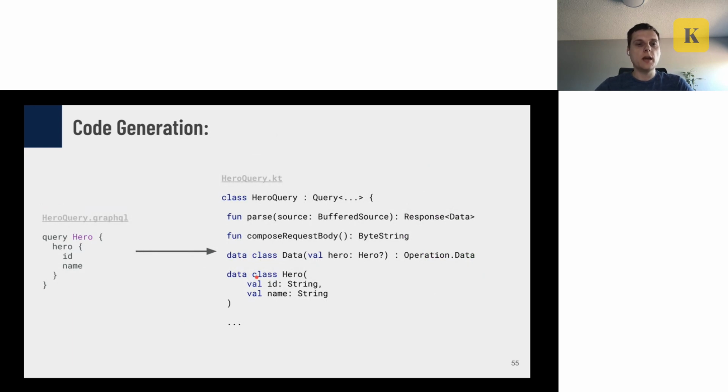So if you have this kind of GraphQL query, it will generate a Kotlin file similar to this, where we can see that you can compose the GraphQL request body, or you can parse the response from the stream. It also generates the data classes, the models for your GraphQL query. For example, here we see that it generates the data class Hero with the fields ID and name.